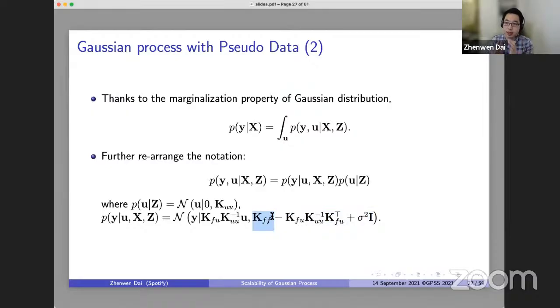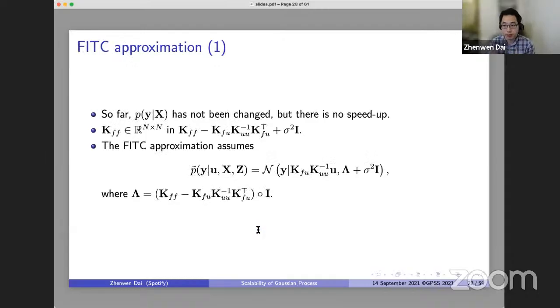K_FF is basically the exact covariance matrix K, and because the formulation contains this covariance matrix, if we directly try to solve such calculations, there's no speed up.